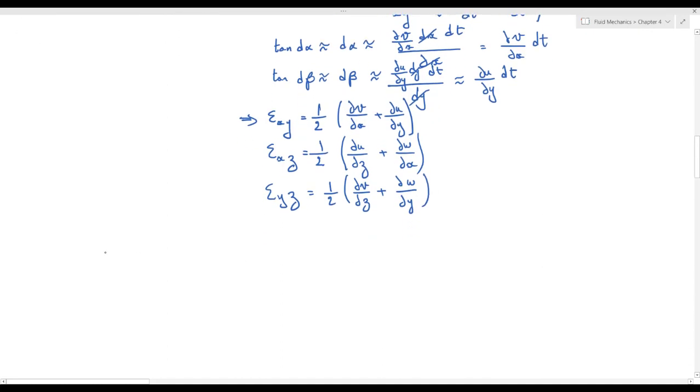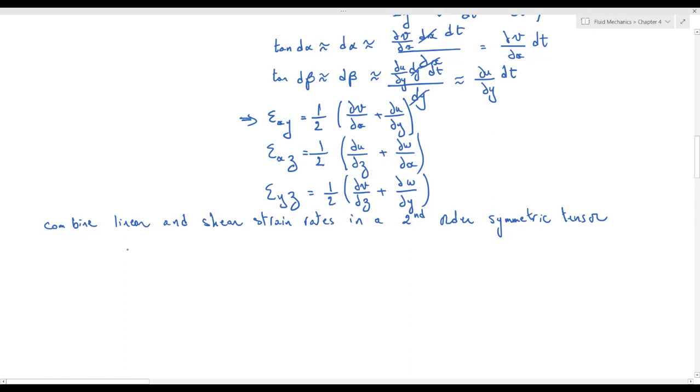So we can combine the linear strain terms with the shear strain terms in order to obtain a strain rate tensor. So we combine the linear and the shear strain rates in a second order symmetric tensor. So we'll call this tensor the strain rate tensor. We call it epsilon ij.